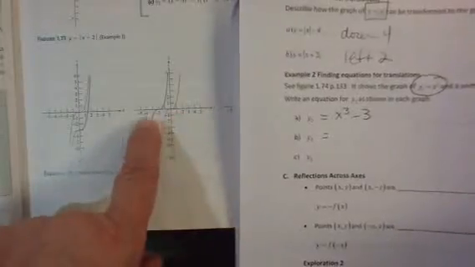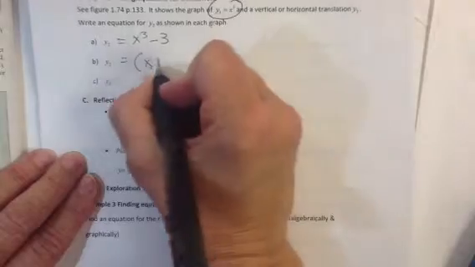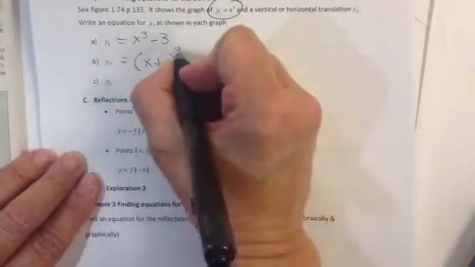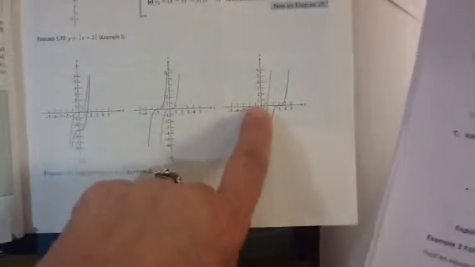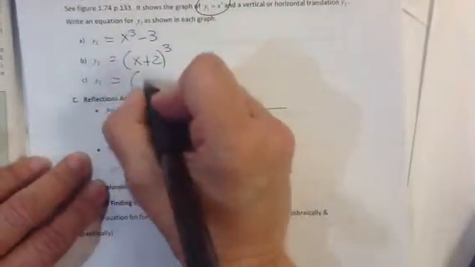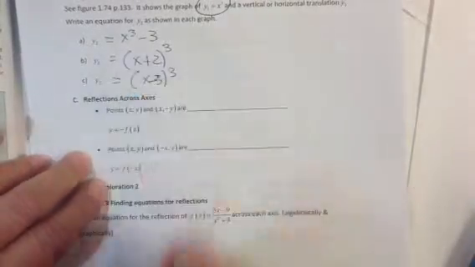This one over here looks like I went to the left 2. To go to the left, I'm going to go plus 2 and then I cube it. Now this one over here looks like I went to the right 3. So it's inside again, so it's to the right 3. And those are my new equations.